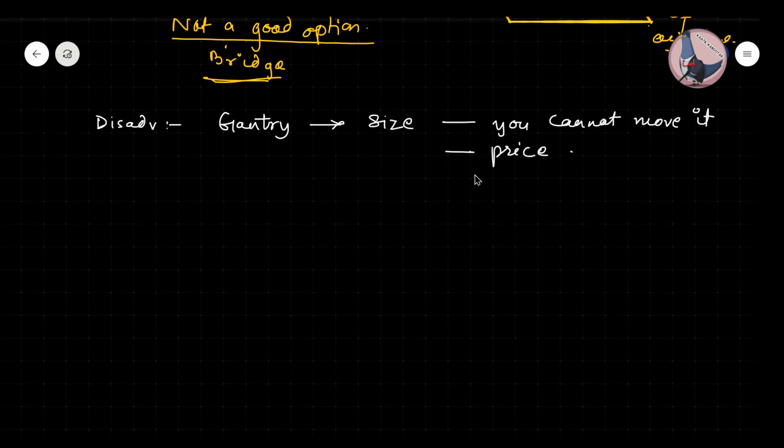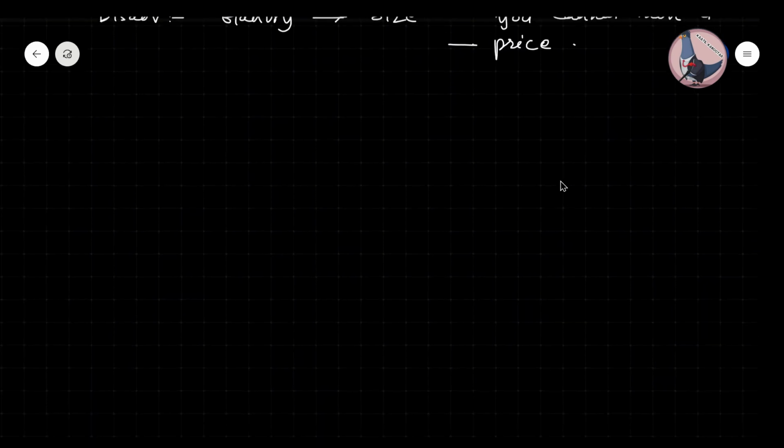Very costly affair. To set up one big gantry CMM, it will take crores, minimum 10 crore is not a very big amount, because according to the size of the machine, the environment temperature has to be controlled, dust level has to be controlled, so the price will go very high. These are some disadvantages of it.